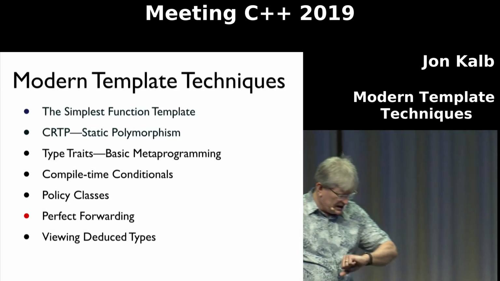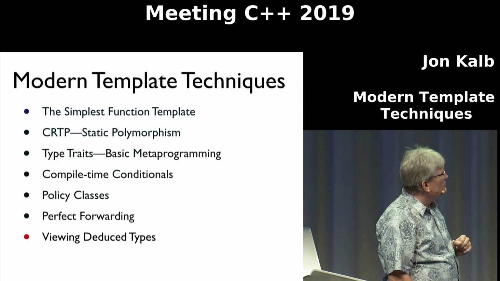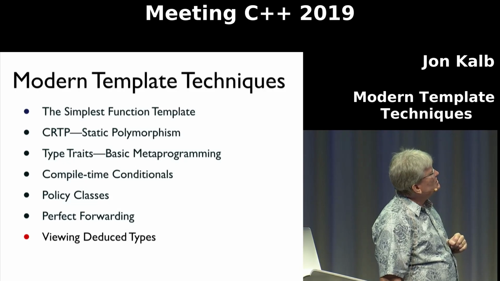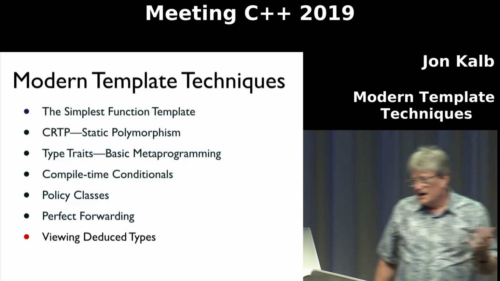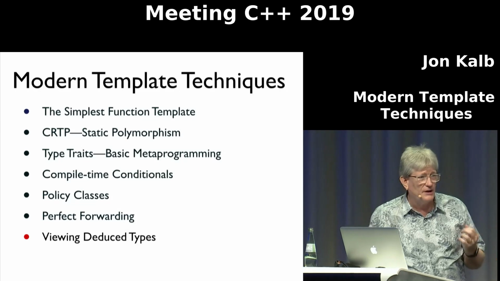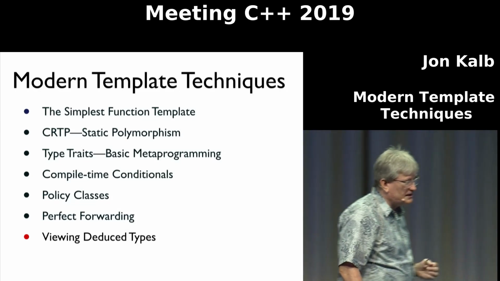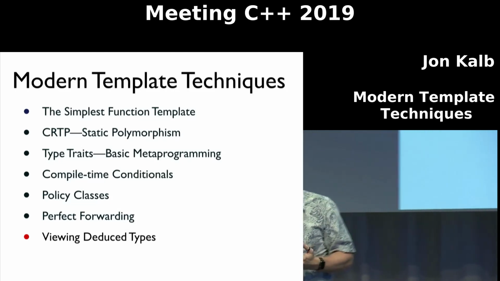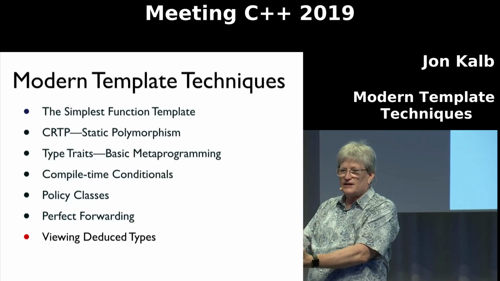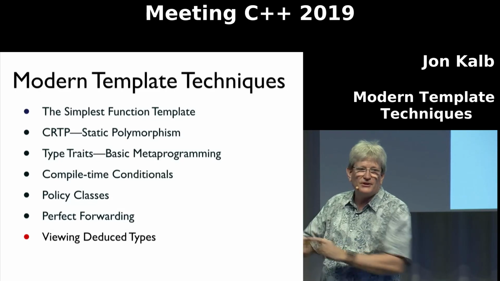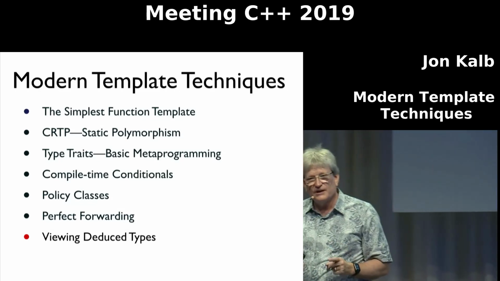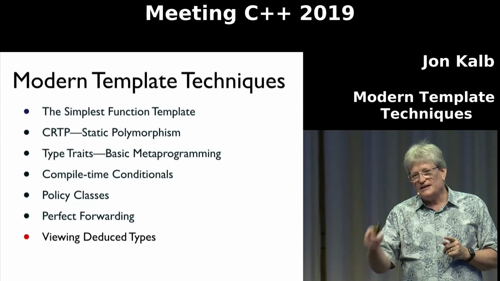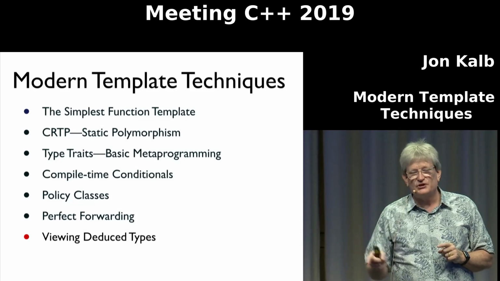All right, so the last thing we want to look at is viewing deduced types. As we do template things, we often get into a situation where the compiler is deducing a type for us. And we may get a compile error that says, you can't do this with that type. And you stare at that and say, no, that's exactly what I should be able to do with this type. And then you begin to realize, wait a minute, I suspect the compiler and I disagree on what that type should be.